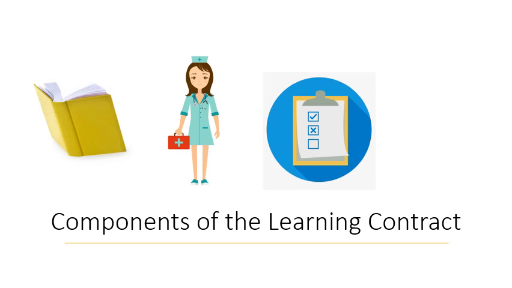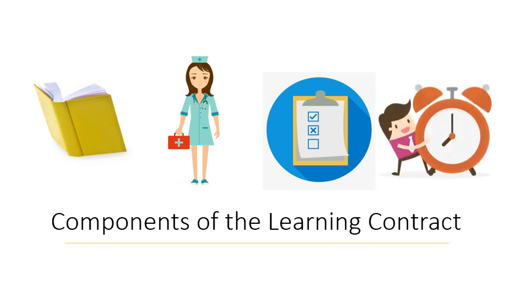This specifies the criteria to use to evaluate achievement of objectives such as skills checklists, your care standards, or protocols and agency policies and procedures of care that identify the levels of competency expected of the learner. And finally, time frame. This specifies the length of time needed for successful completion of your objectives. These are the components of your learning contract. Again, the first one is your content, your performance expectations, evaluation, and time frame.